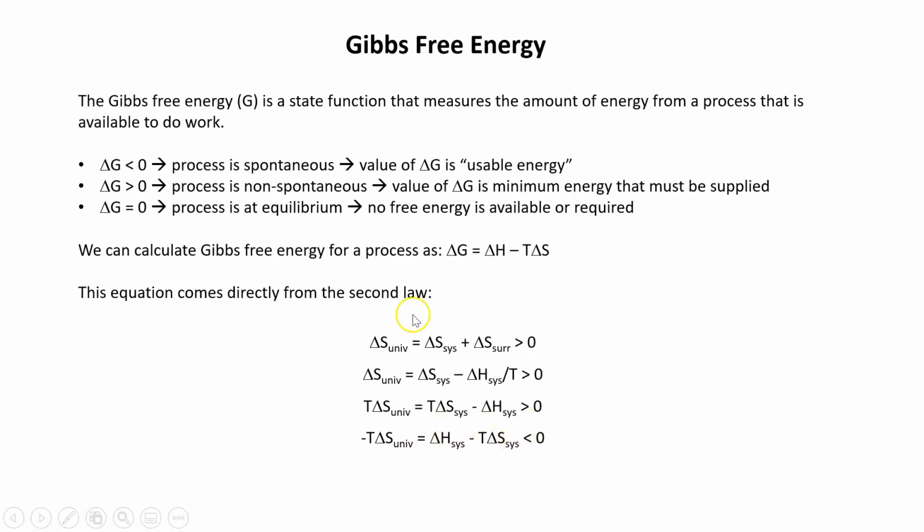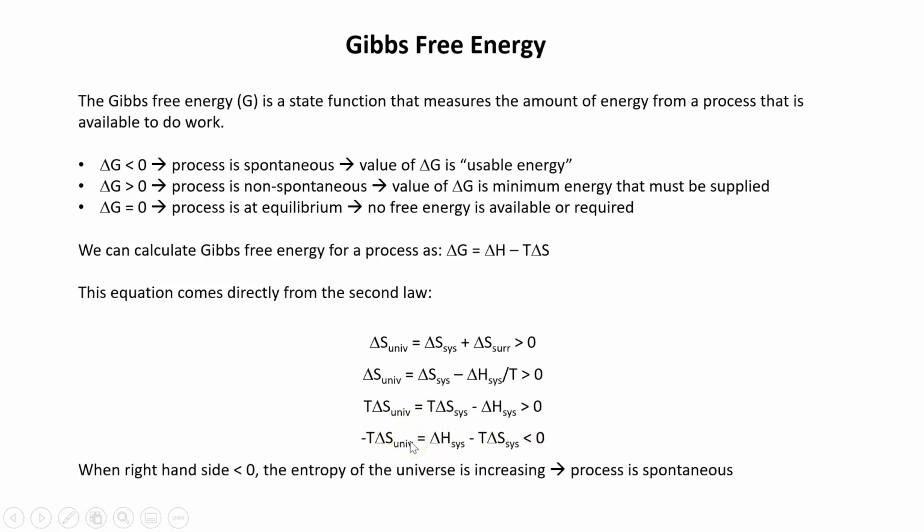Remember where we started: we started from the second law being satisfied. It says that if this quantity on the right-hand side of this equation is less than 0, then a process will be spontaneous. So the Gibbs free energy is a direct measure of the spontaneity of a process.